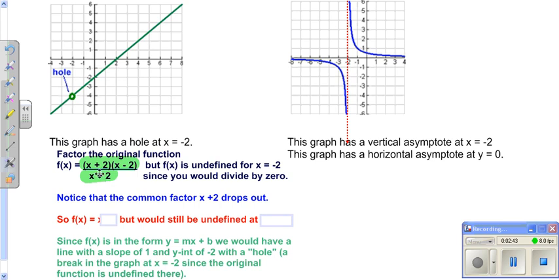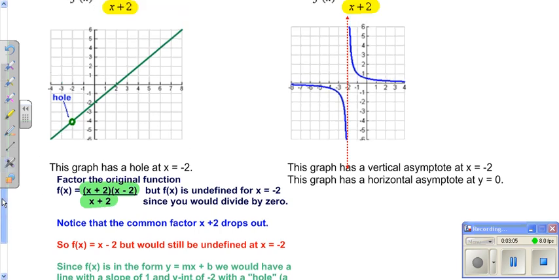So when your x plus 2's drop out, you're only left with that x minus 2 in the top and nothing on the bottom. But it would still technically be undefined at x being negative 2 because your original function was undefined there. Whenever you end up having a common factor in the top and the bottom that drops out, that's when you have a hole.